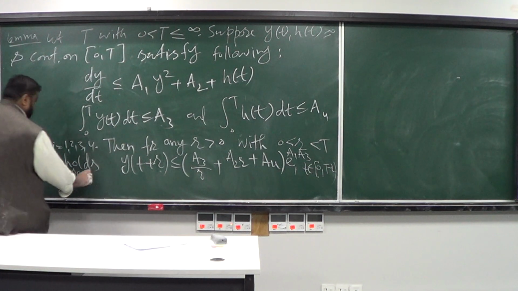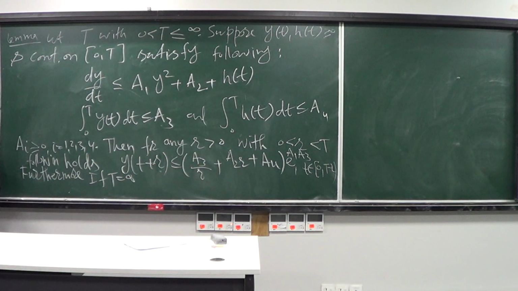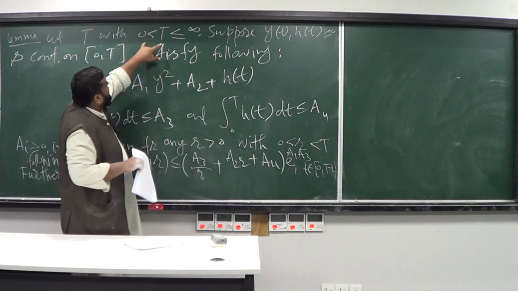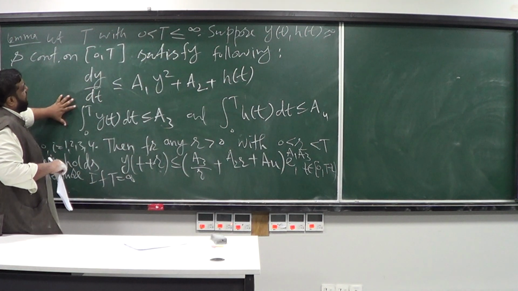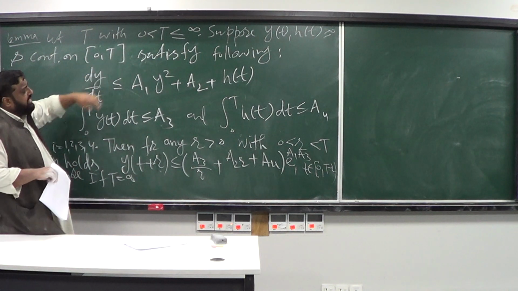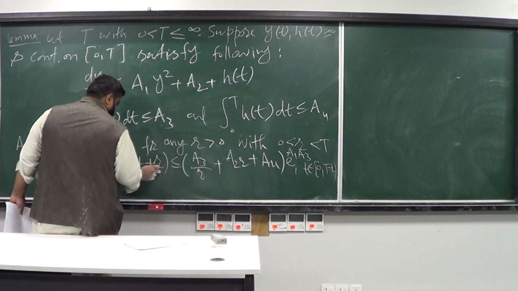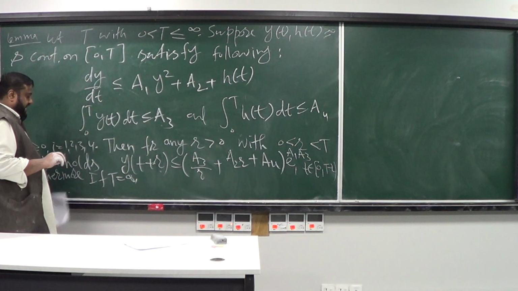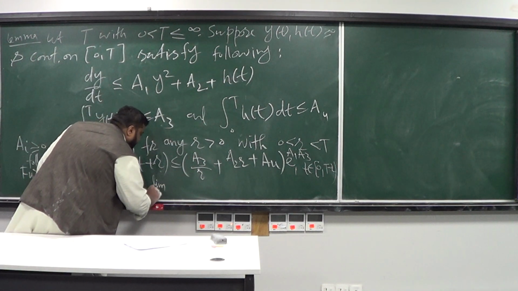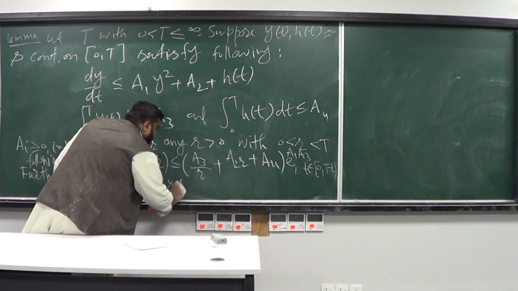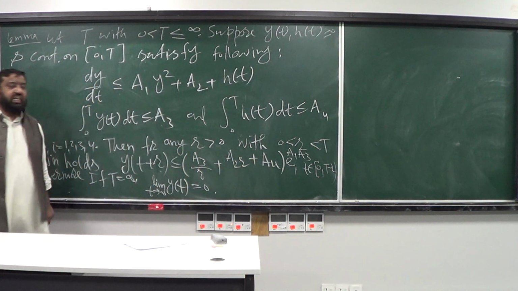Furthermore, if t is infinity, in other words, y and h are defined on a semi-infinite interval, and all this is satisfied for 0 to infinity, then you will have this, but you will have another very interesting property: if you take the limit as t goes to infinity of y(t), this y(t) will go to 0.